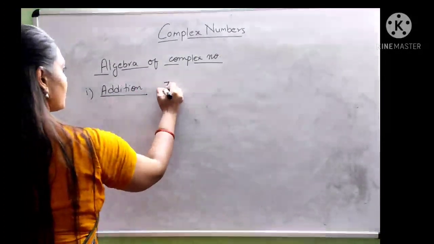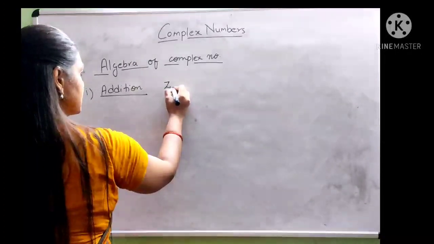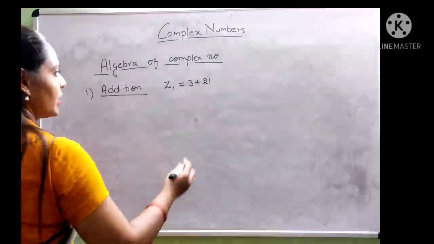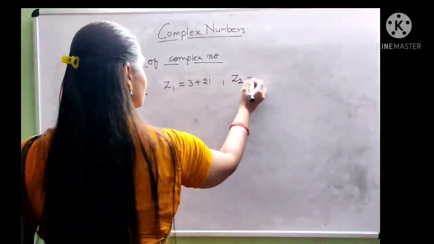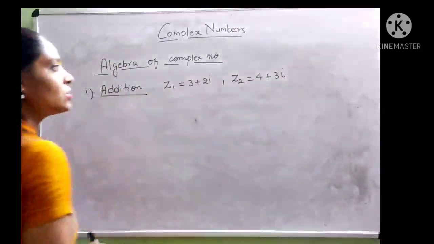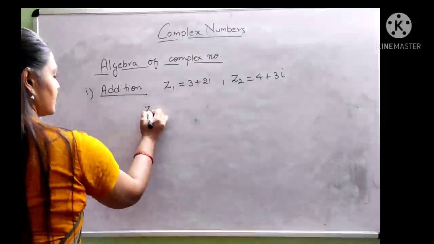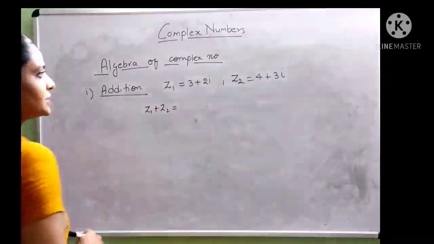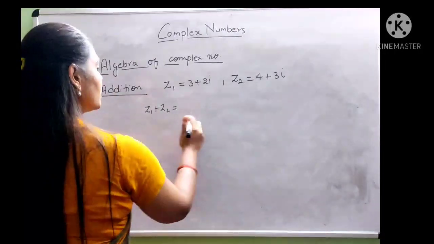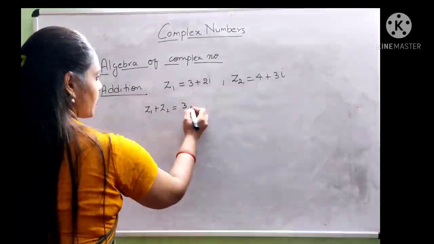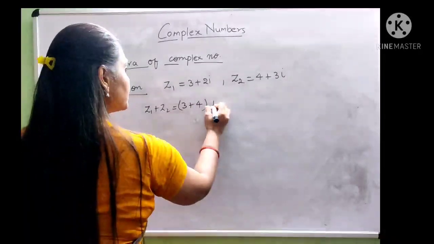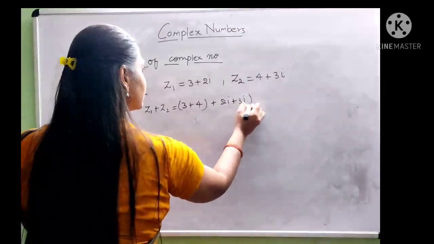See, if we have a complex number z1 is equal to 3 plus 2i and another number z2 is 4 plus 3i. So how could we add? z1 plus z2 is equal to, we have to add the real part with the real part of the other, 3 plus 4, and the imaginary part with the imaginary part, 2i plus 3i.